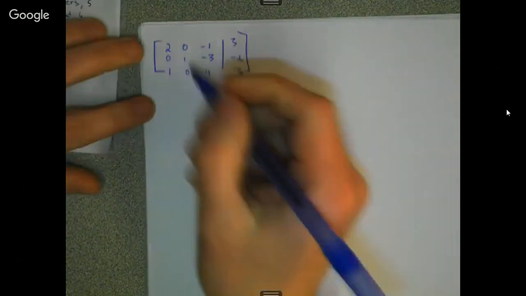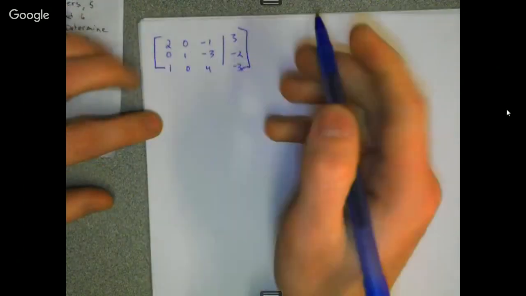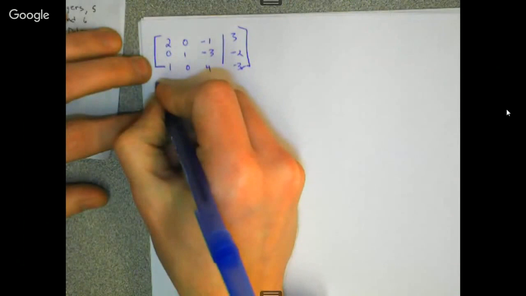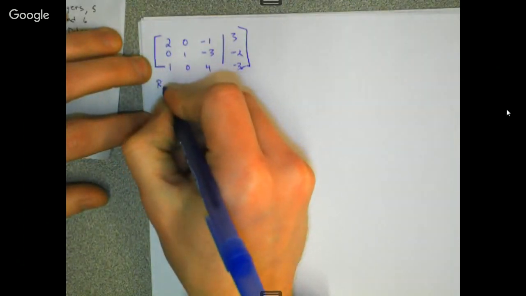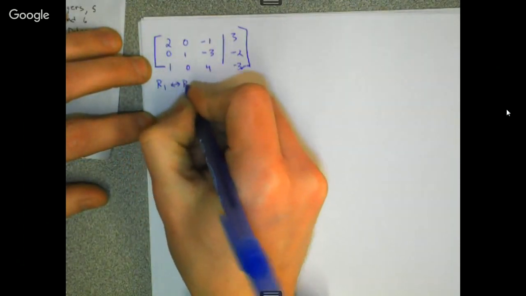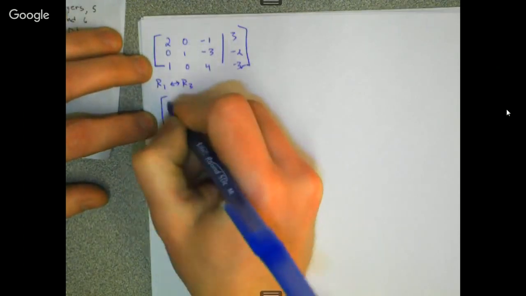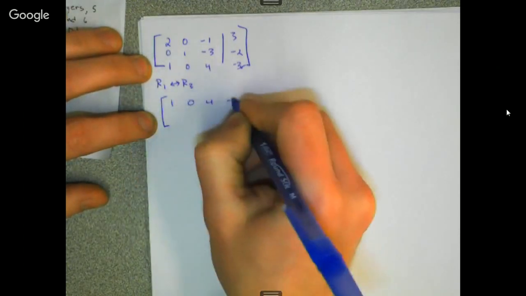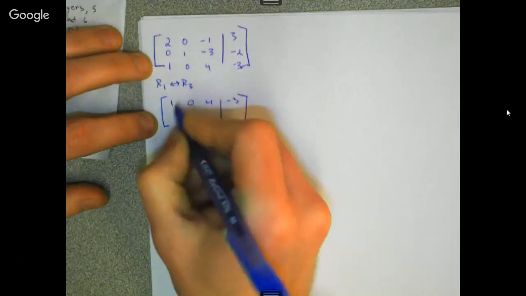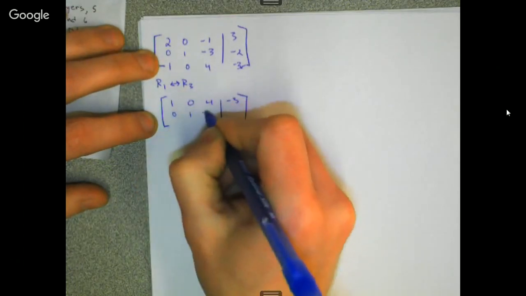Okay, so for RREF, I want diagonal ones and everything else is zeros. So I'm going to start by interchanging row 1 and row 3, or sorry, row 1 and row 3. We're just going to switch those over. Row 2 staying the same.